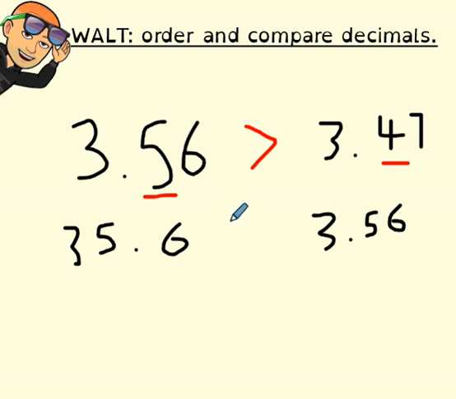Because in this number, the highest value column is the tens column. I actually have a value in the tens column this time for this number. Do I have anything in the tens column here? No, I don't. The 5 in this number is in the ones column, and the 3 is in the ones column. But I'm always looking at the highest place value column to compare the two numbers. So I'll be using greater than again.